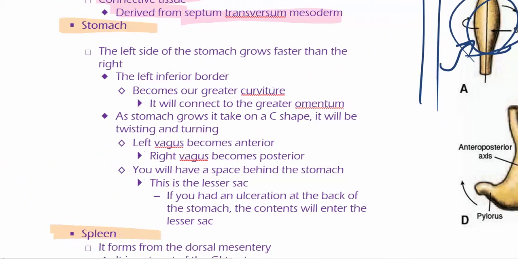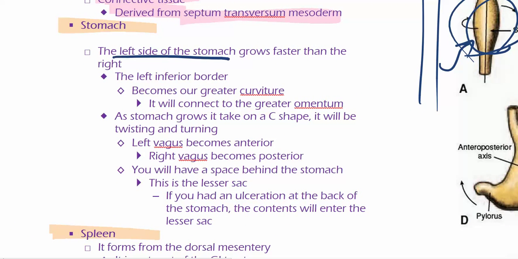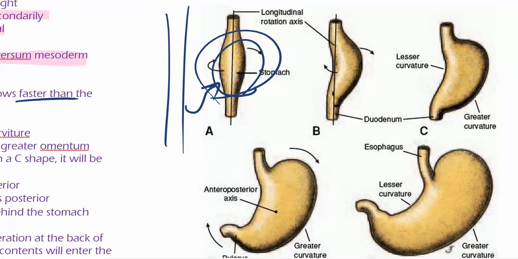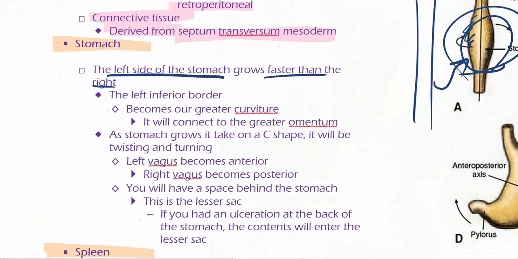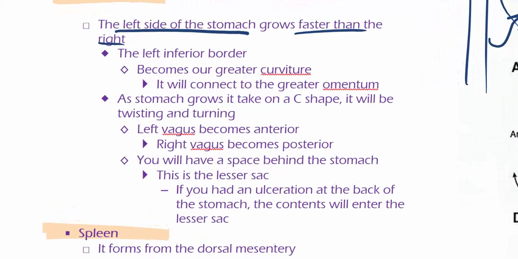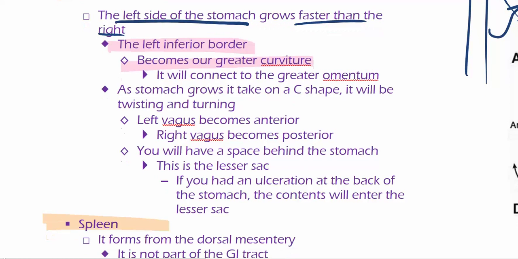But what's going to happen is that the left side of that stomach is going to be growing faster than the right side. Because the left side is growing faster, it's going to lead to this unevenness. All right. Cool. So the left inferior border is going to become the greater curvature.